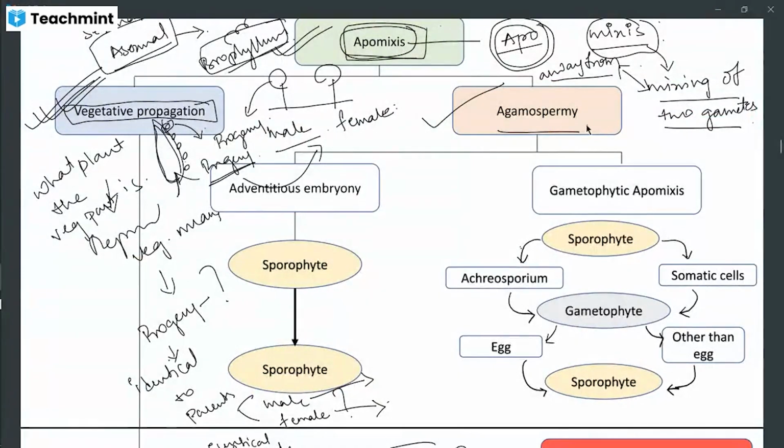In agamospermy, one is adventitious embryony, where the sporophyte directly develops into another sporophyte without any intervention of the gametophytic stage. Whereas in gametophytic apomixis, the name itself indicates that there is a stage of gametophyte.